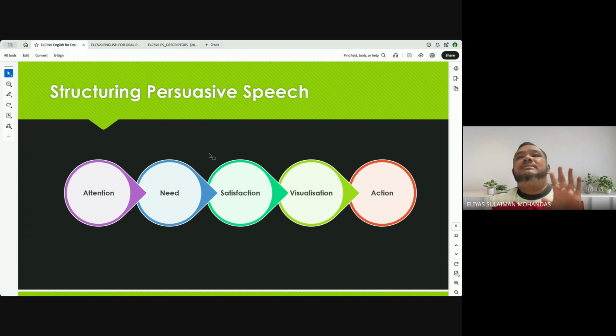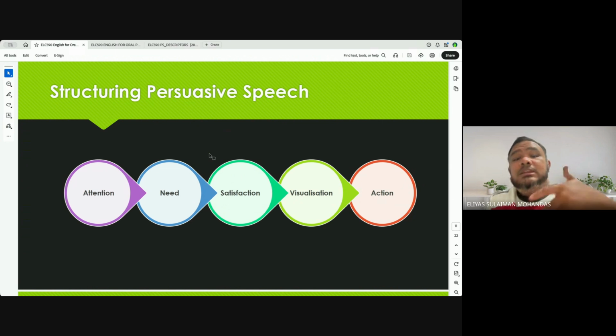And the best thing is, since you are going to structure a 5-paragraph essay, each of these 5 steps must be included in each paragraph according to the sequence. Meaning to say, attention must be integrated in your introduction. Need must be integrated in your first main point, the second body paragraph.